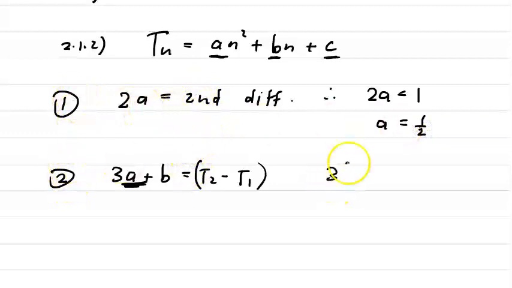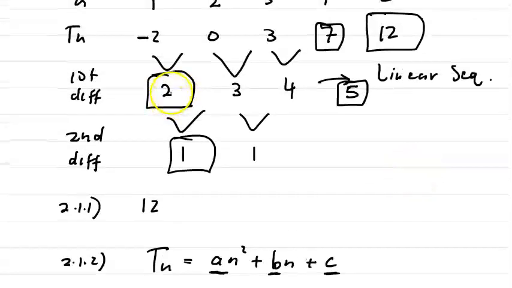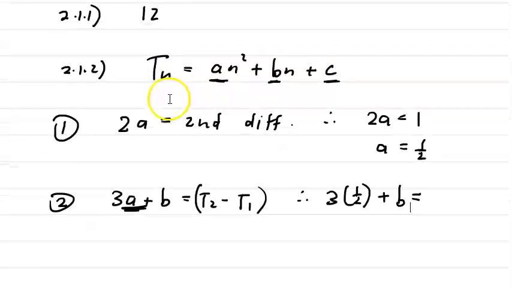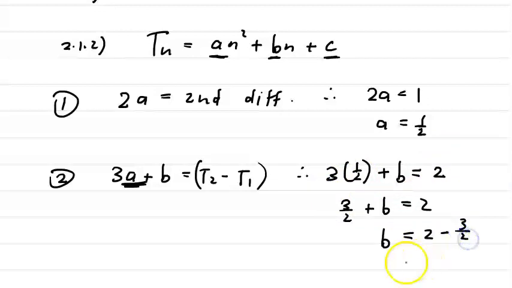So therefore, 3 times half, 3a plus b, is going to equal t2 minus t1, which is 2. So you're going to write down here 2. So it's 3 times half is 3 over 2 plus b equals 2. b equals 2 minus 3 over 2.